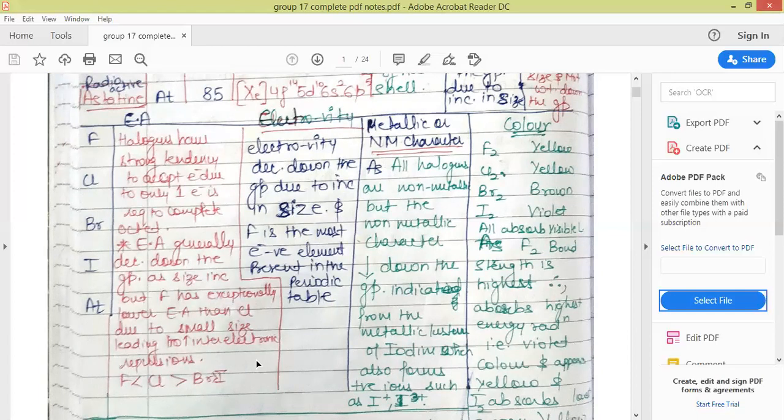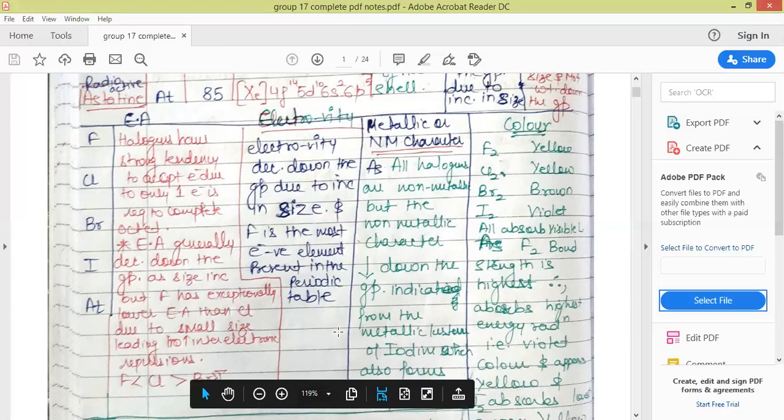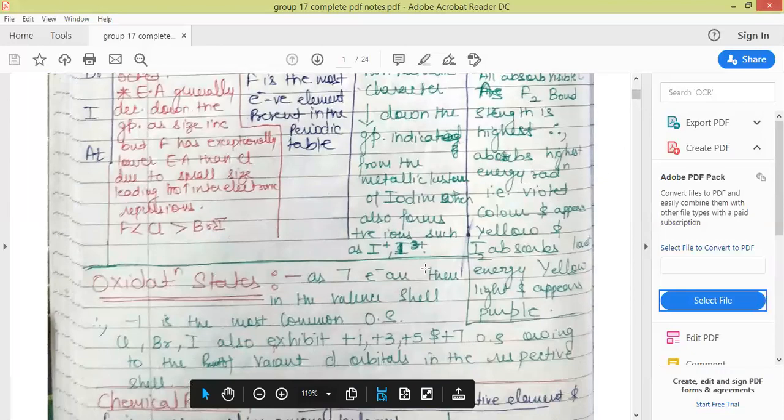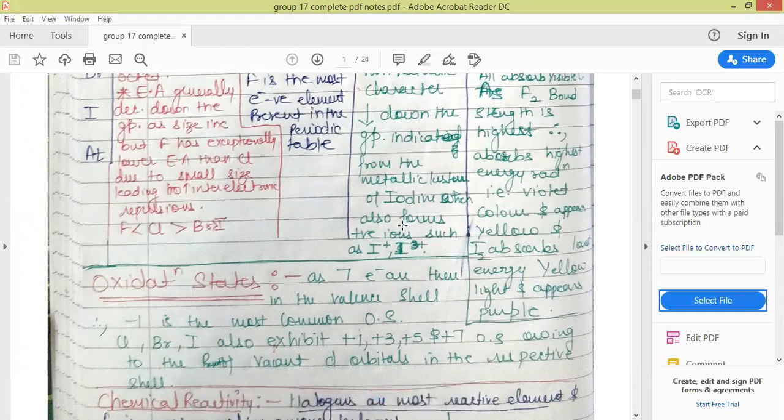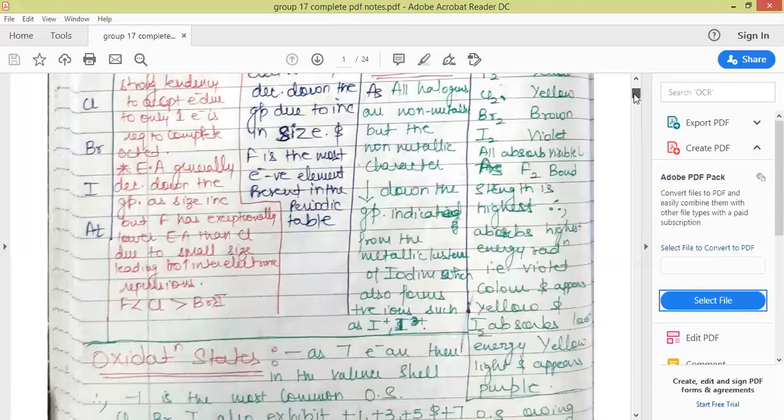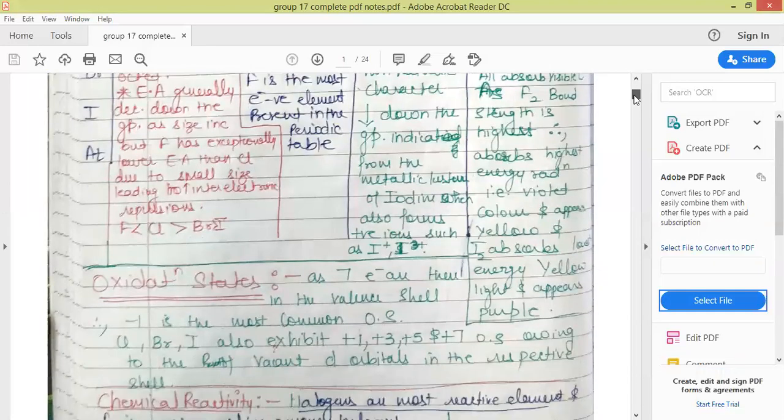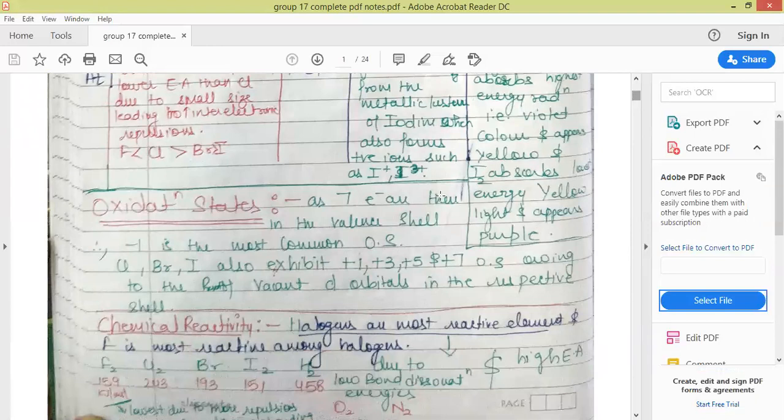Iodine has metallic properties: it has metallic luster, it is silvery gray in color, and it forms positive cations, that is I+ and I3+, showing the metallic characteristics. Next property is oxidation states.